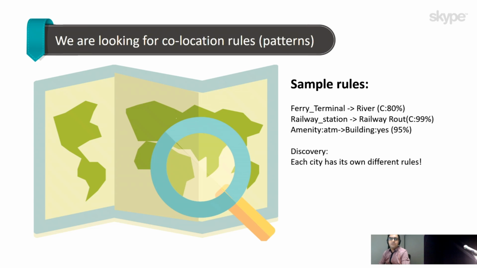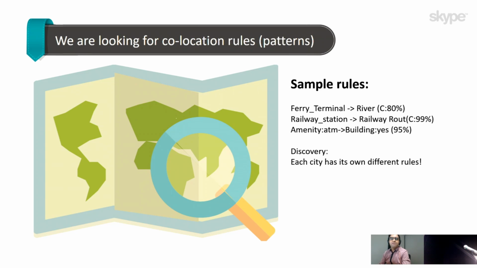For example, C saying 80% means that 80% of the ferry terminals are close to the river. If we read this rule like that, then it's very easy to read the rest of the rules. For example, for railway station and railway route, 99% of them are very close to a railway route. Or for ATM machines, 95% of them are located inside a building.